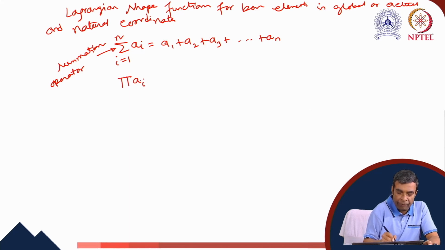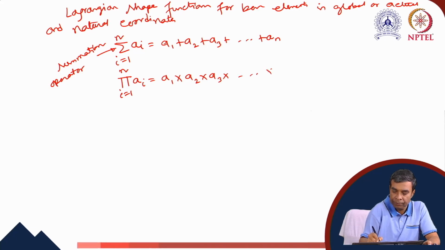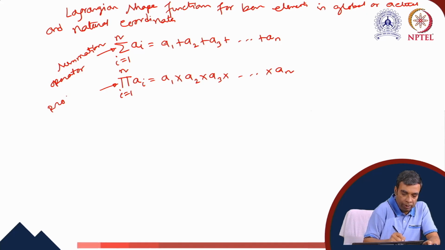So here the product operator operating on ai, where i is varying from 1 to n, this indicates a1 into a2 into a3 into an. So this is the product operator denoted by capital pi.